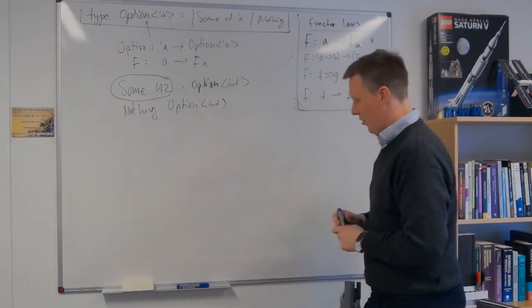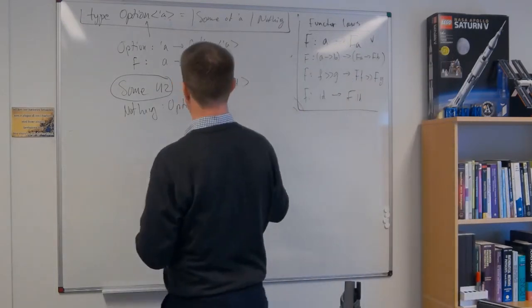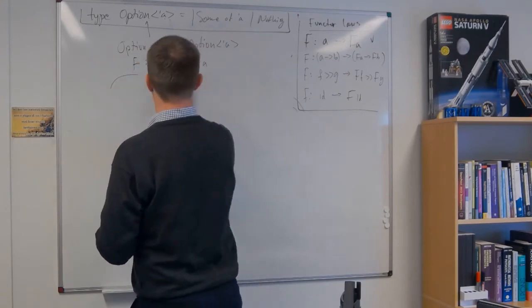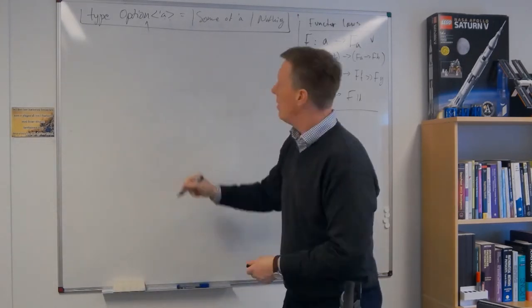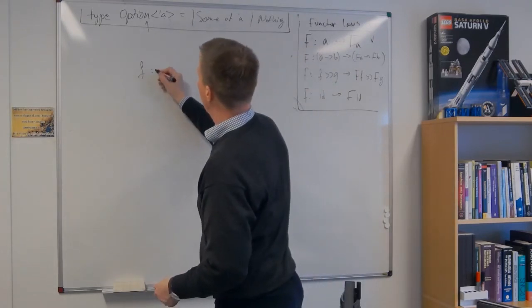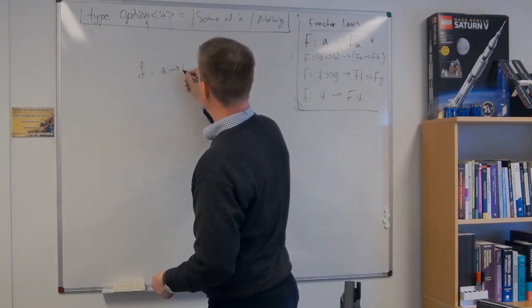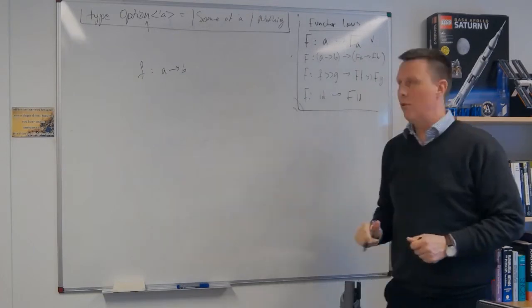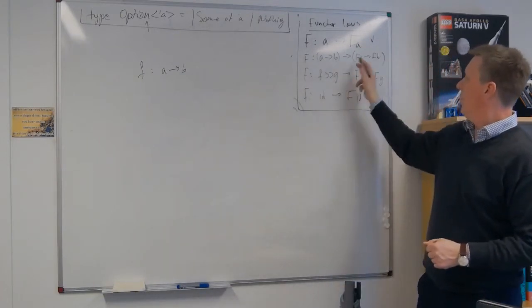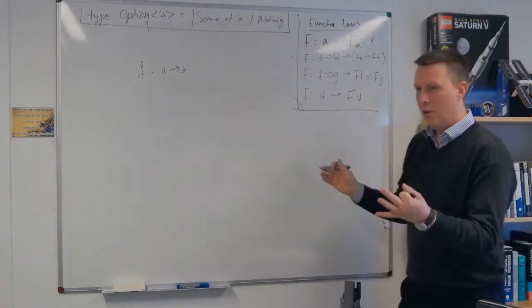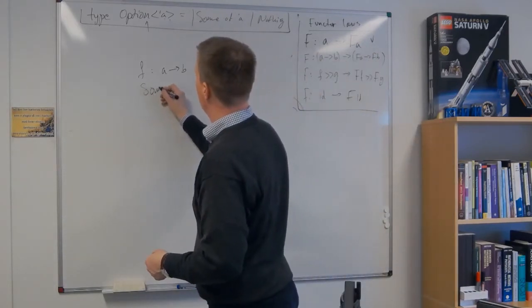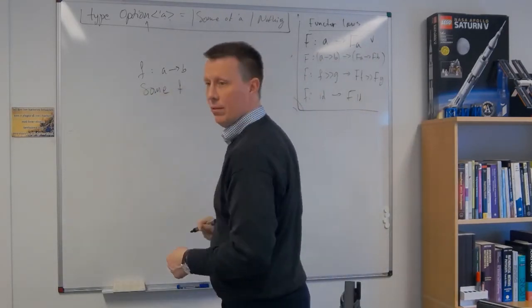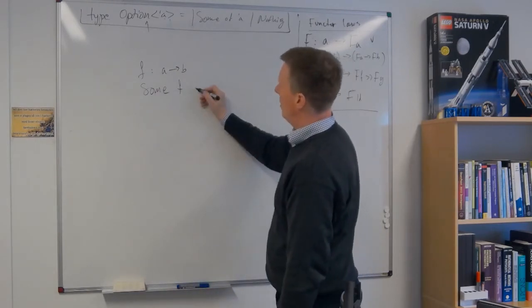How about functions? Well, we can try. Okay, so I have a function, I will call it f from A to B, and now I want to do this with it. So let's try. What happens if I do Some f? What type does that have?